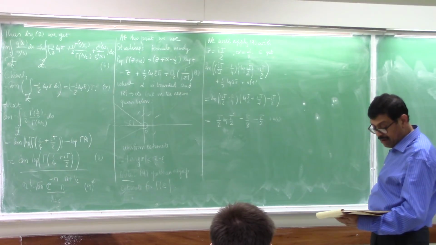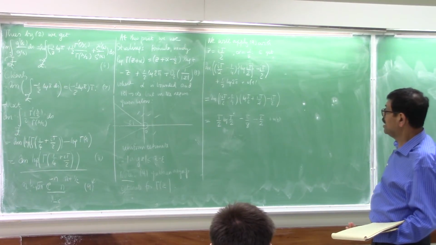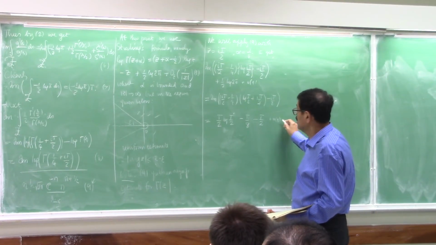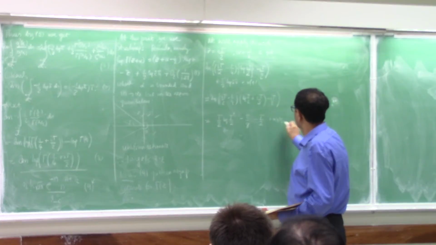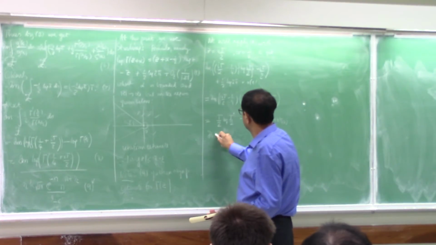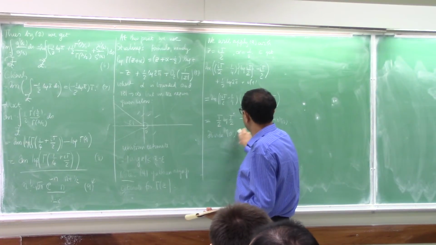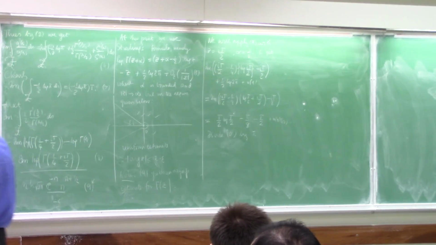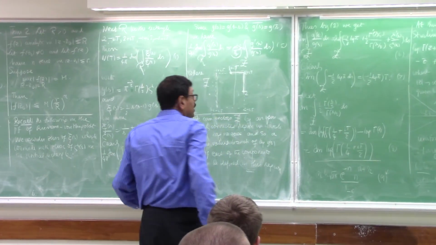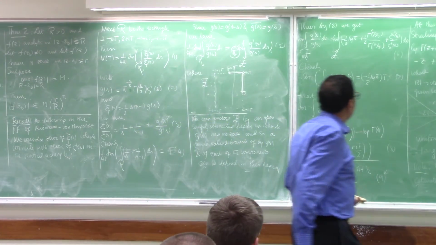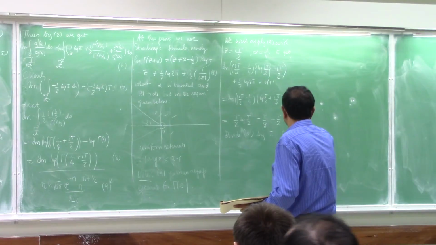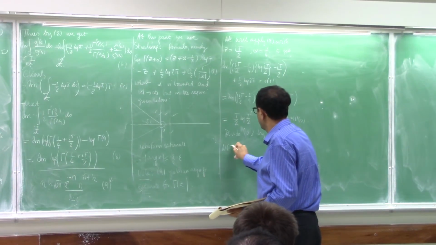But now I have to divide by 2 pi. Okay? So divide 10 by pi. Right? We have got a 1 over pi outside. Divide by pi. So if I divide by pi, what do I get? N of t.